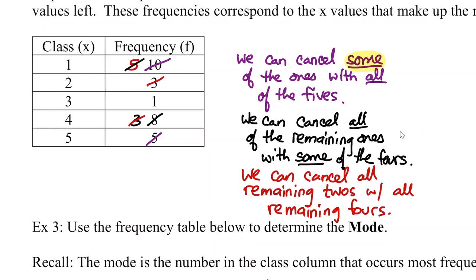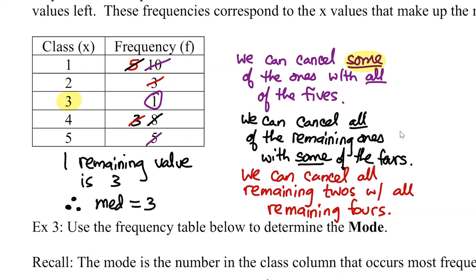All right, and so what that does, it leaves me with 1 value. So there's 1 remaining value. That remaining value is the 3. All right, so the 1 remaining value is 3, so therefore the median is 3.